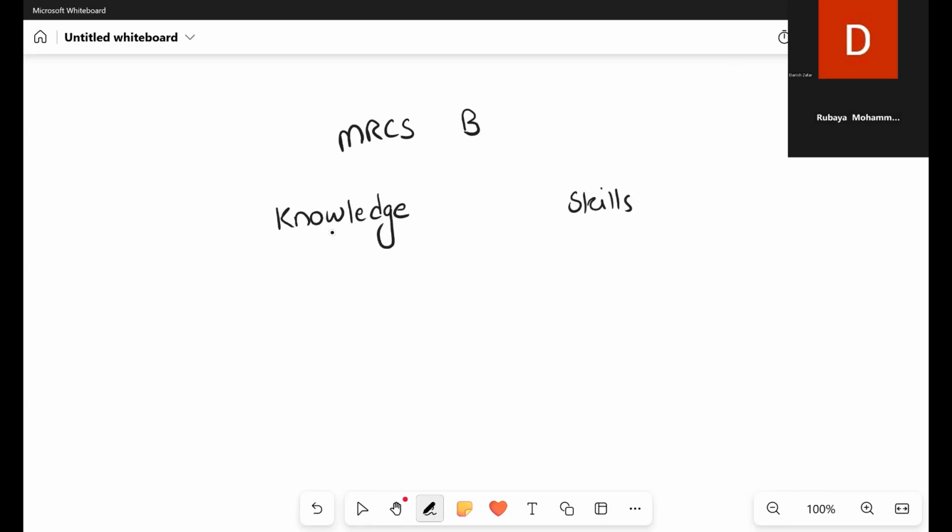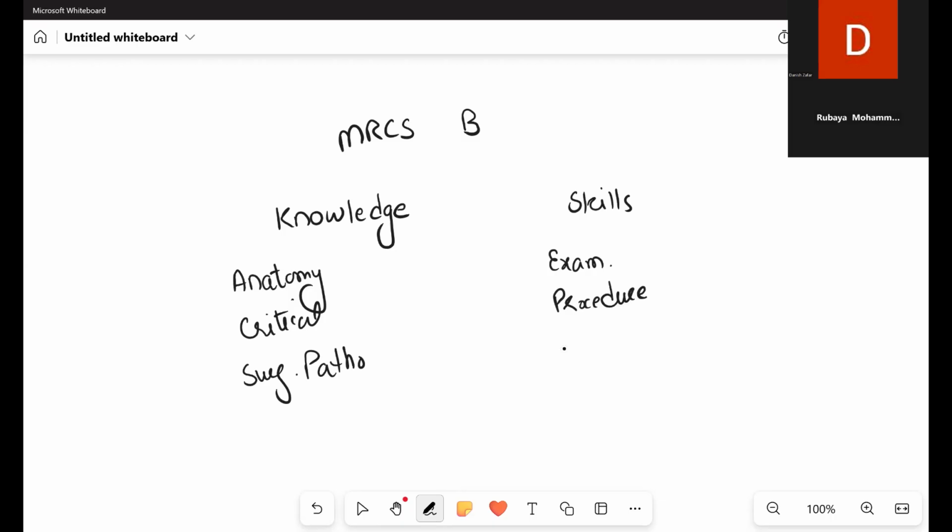In the knowledge part, you will be tested for anatomy, critical care, and surgical related pathology. And in the skill section, you will be tested for the examinations, procedures. There are a few procedures, but there is a broad syllabus for the rest of the exam.